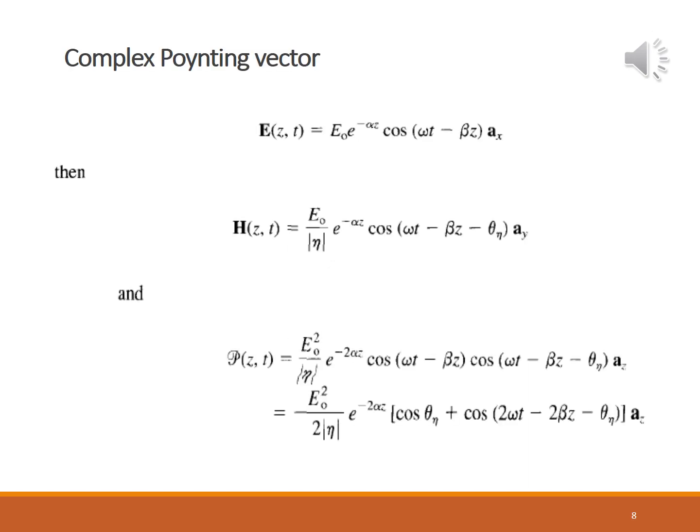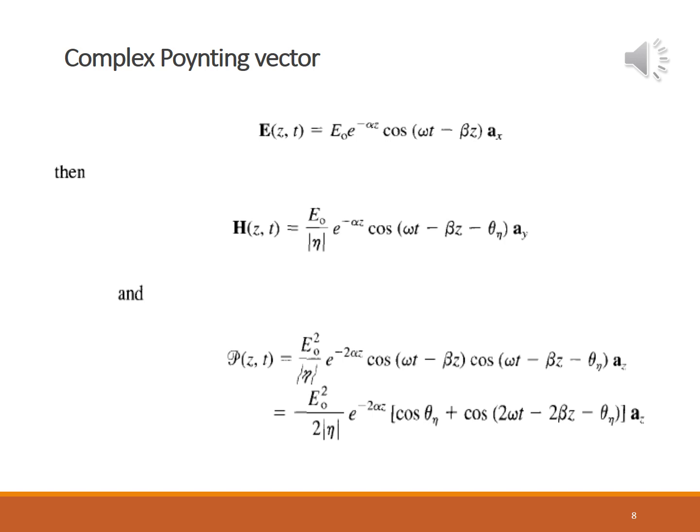Now that we have derived the expression for the Poynting vector and we've also stated the Poynting theorem, the next part is to derive expressions for the instantaneous Poynting vector, the time average Poynting vector, and the total average power.